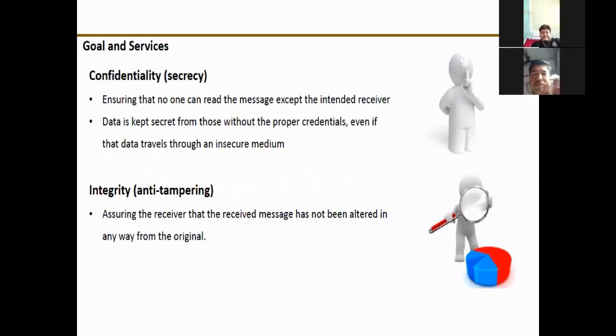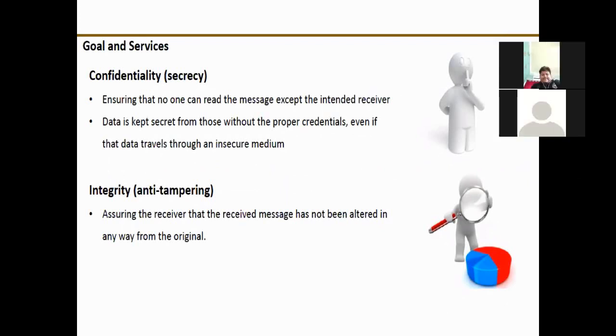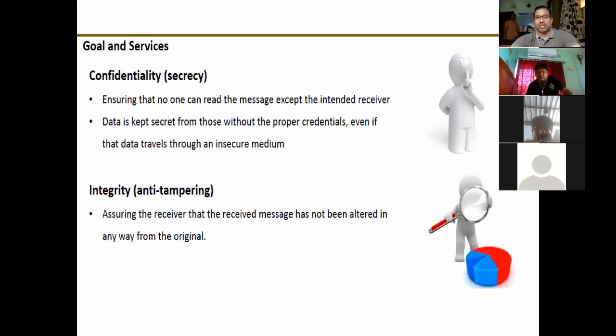Cryptography algorithms will also protect the message so that it cannot be modified before it reaches the intended receiver. Whenever a communication is there, we always assume there will be a man in the middle.